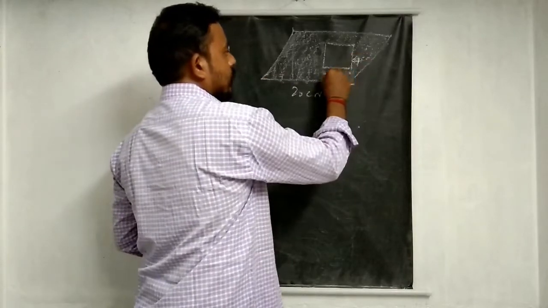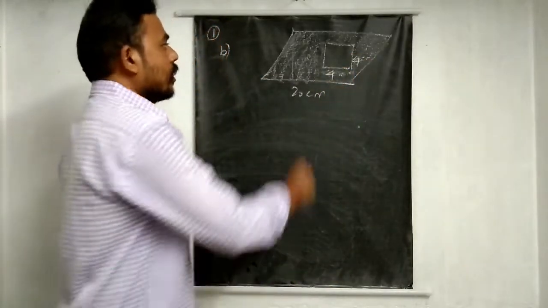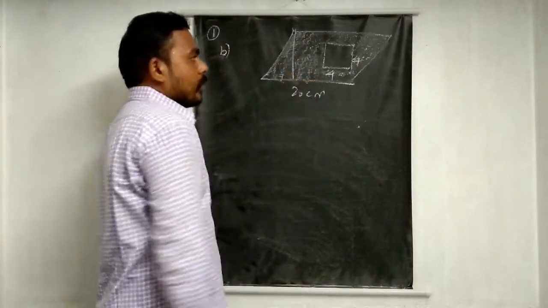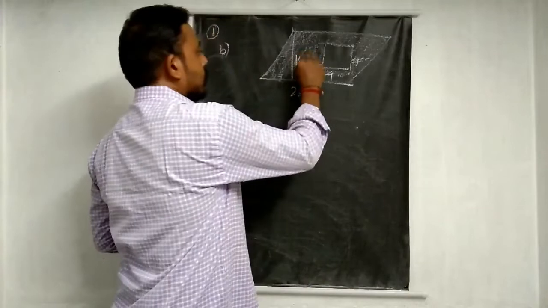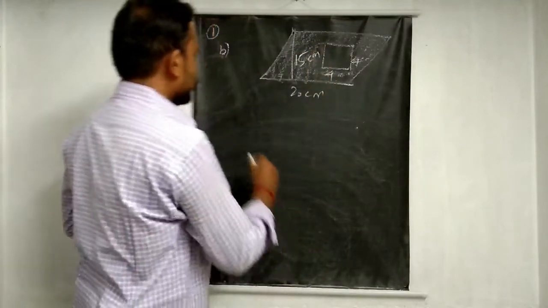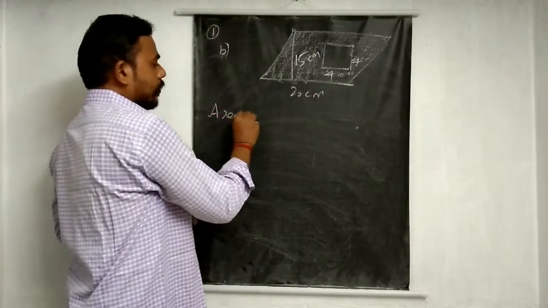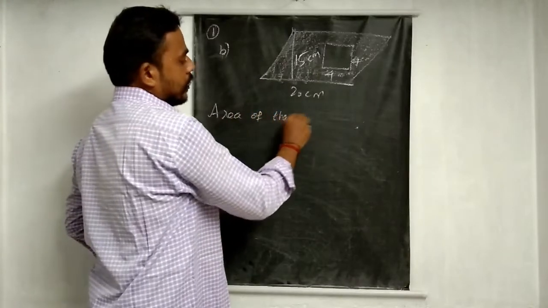This is 4, this is also 4. Now this thing is given. So the area of the pseudo-order region.